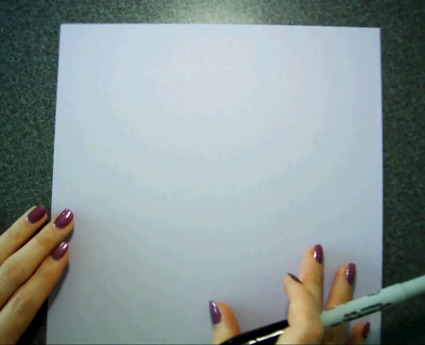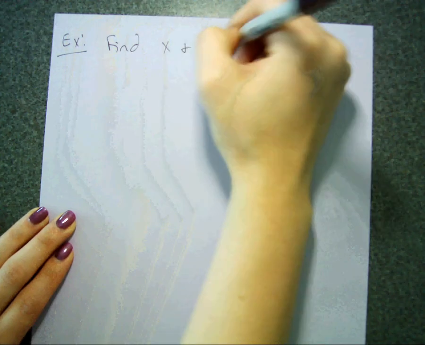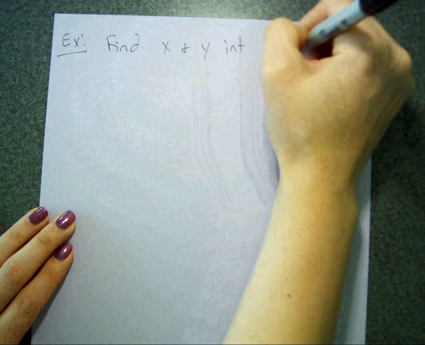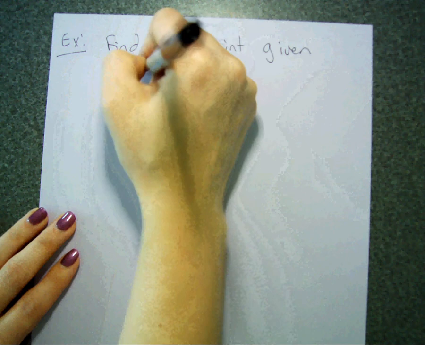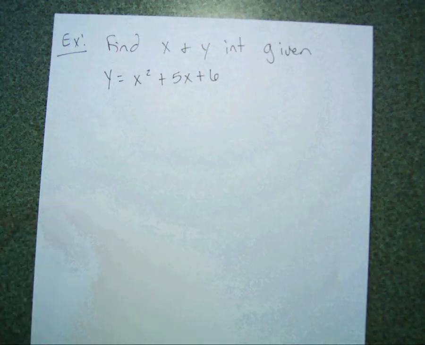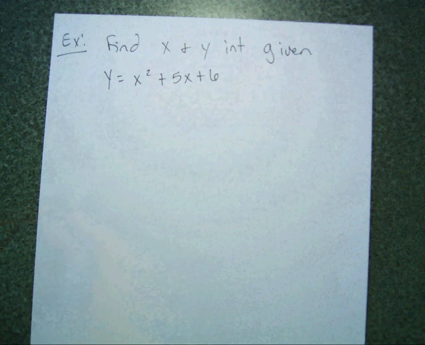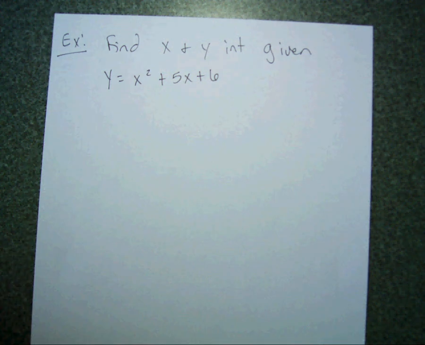So let's look at another example. Same task, I want to find x and y intercepts, given, let's say this time, y equals x squared plus 5x plus 6. What type of equation is this? What type of function is this? It's a quadratic, right?